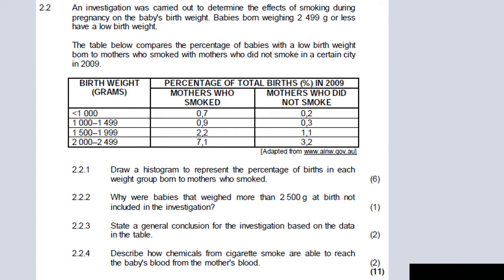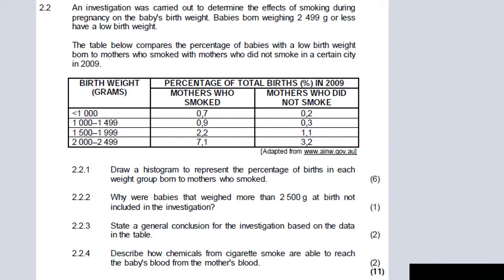In the next category, 1,500 to 1,999, 2.2% for mothers who smoked, and 1.1% for mothers who did not smoke. And finally, for the 2,000 to 2,499 gram category, 7.1% for mothers who smoked versus 3.2% for mothers who did not smoke.